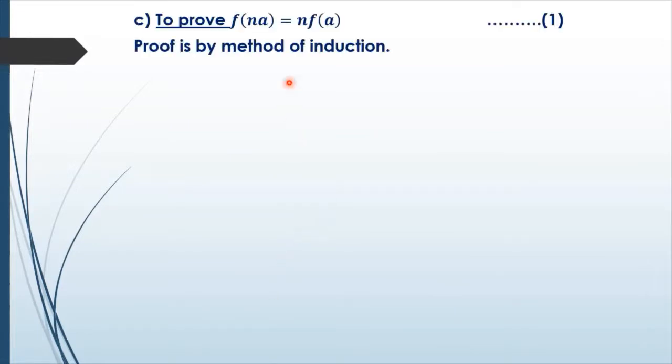Next we shall prove that f of na is equal to n into f of a. Here n is an integer, so we shall prove this using the method of mathematical induction. First we verify that when n is equal to 0, this holds. When n is equal to 0, na is nothing but 0 times a, so na is equal to Zr.